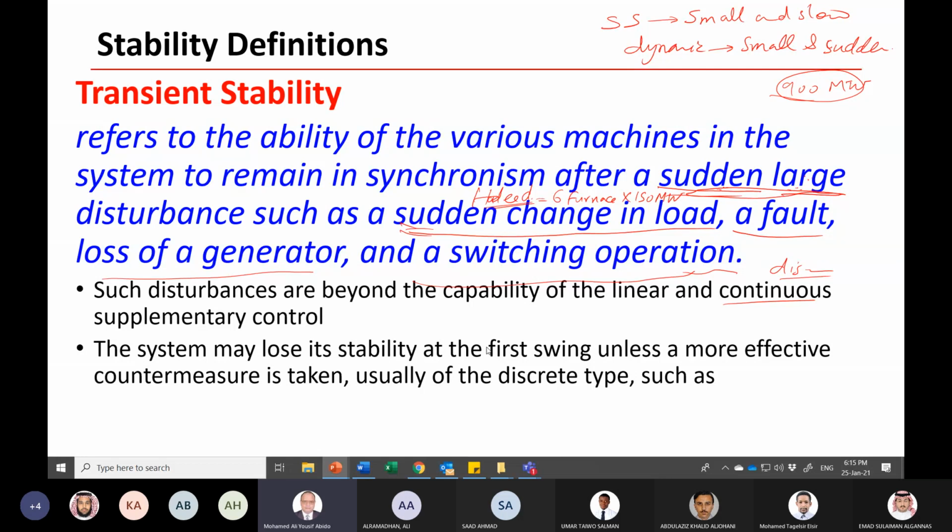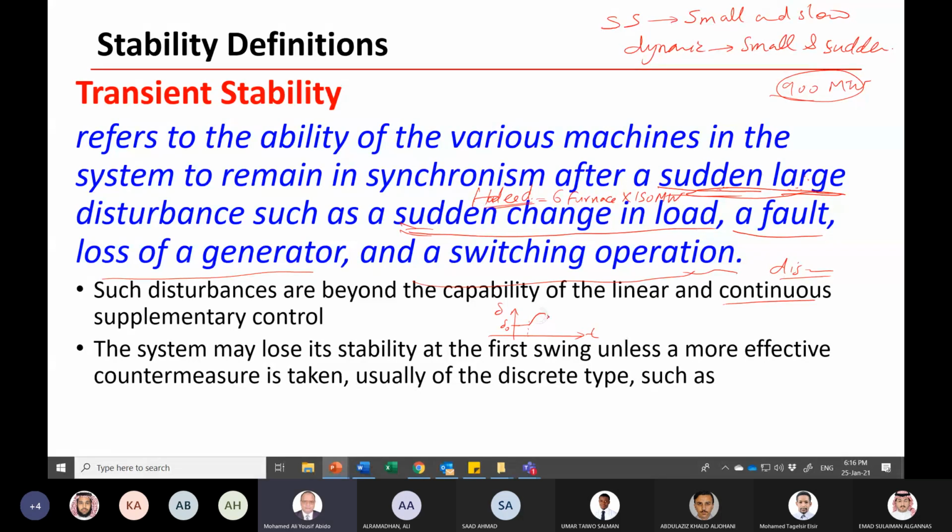Yani, after a few milliseconds after the disturbance. So you are very much interested in the first swing of delta versus t. You look at this: this is delta 0, the fault occurs here. So this is the first swing.